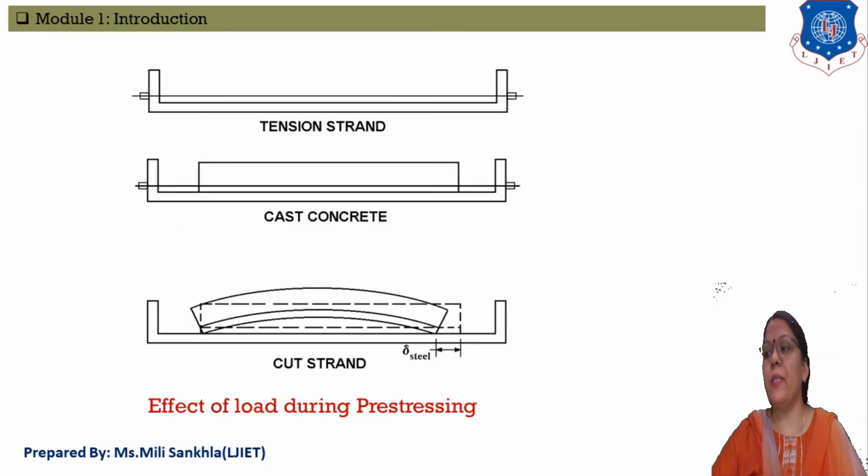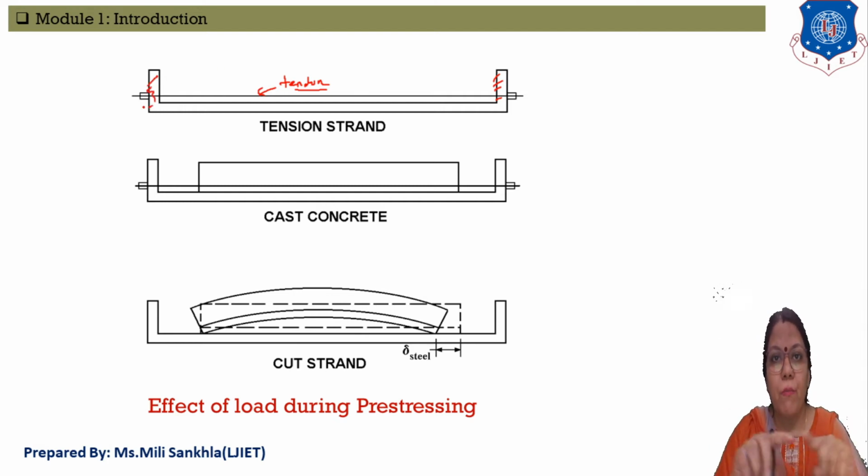Now look at this. According to the pre-stressing method, what will happen? First of all, this one is the bed of our pre-tensioning method. Then this tendon, or we can say strand, is anchored, that means fixed, with this vertical surface.